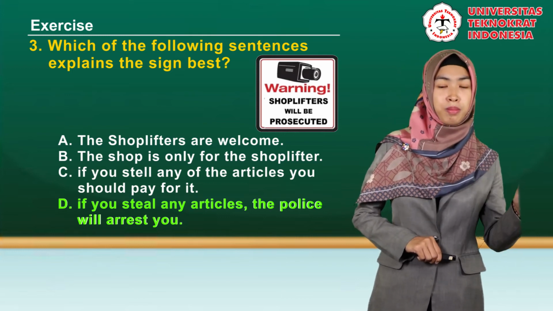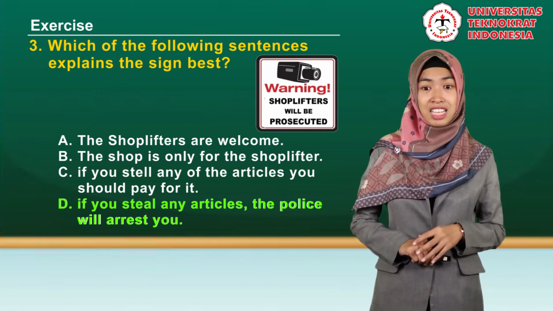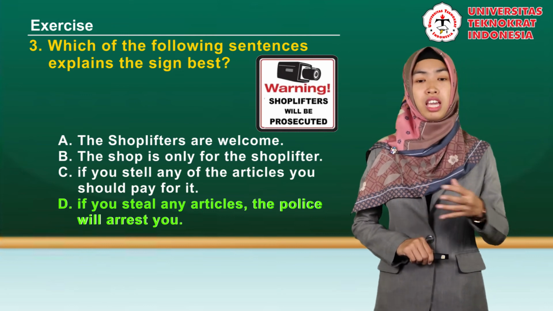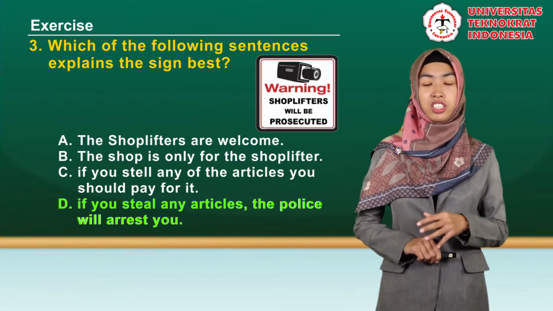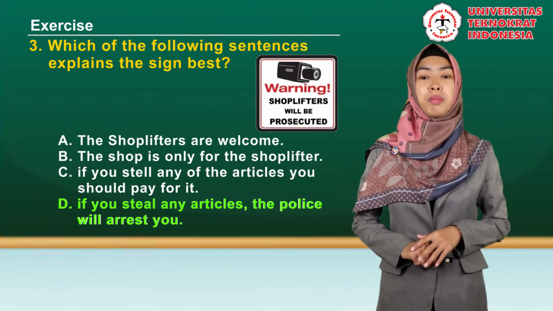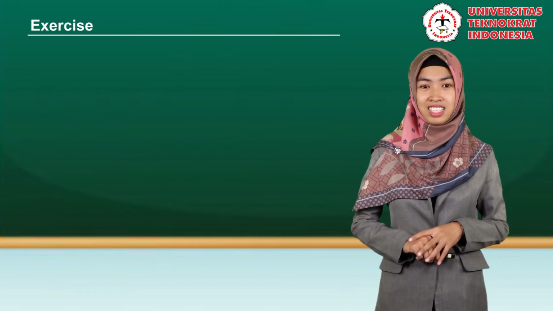The synonym or similar word of prosecuted is arrest. So if you steal or take without permission the articles or the stuff or the goods in the shop, you will be arrested. Do you get it? Nice.